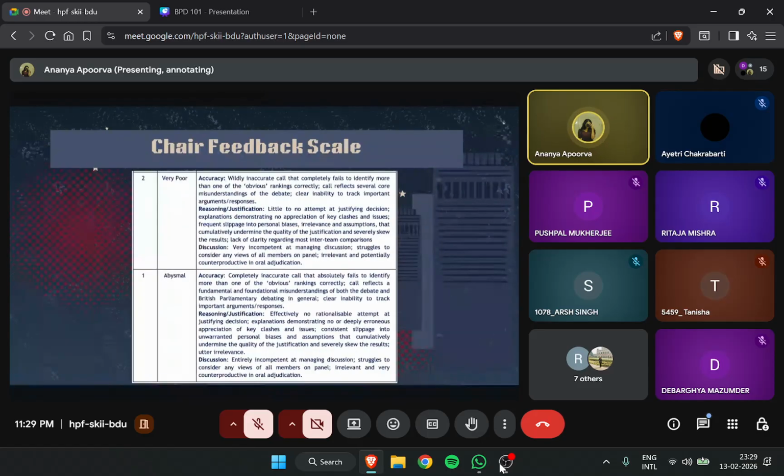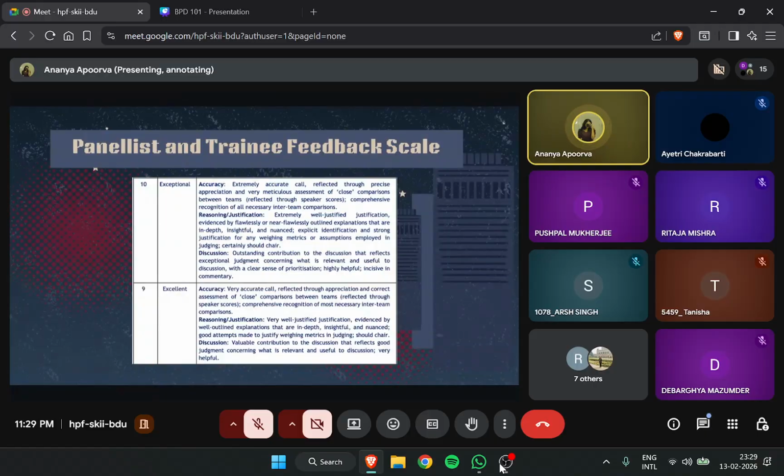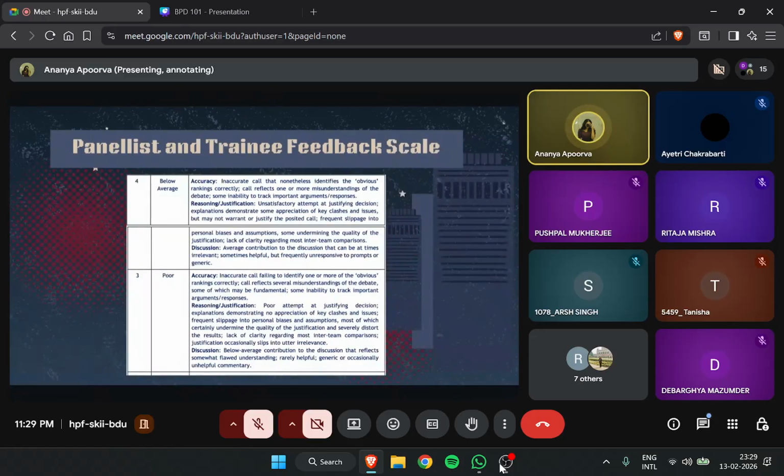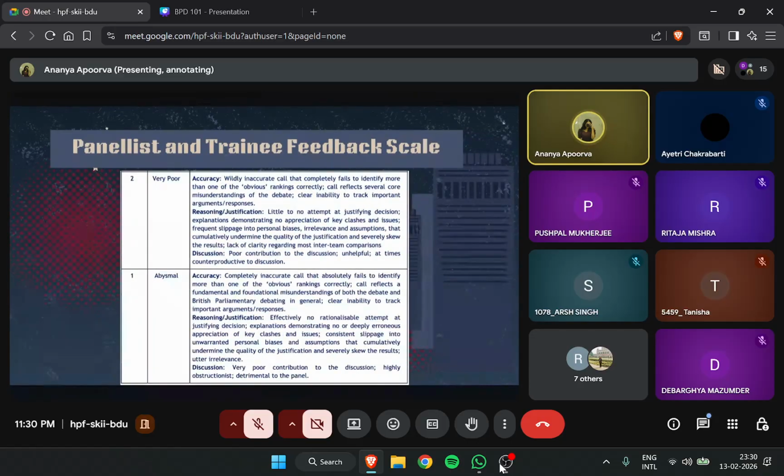This is the scale for chairs, and this is the scale for panelists and trainees, on which the chair scores them. This is based mostly on the type of deliberation that they have. Again, the same score scale from 0 to 10.